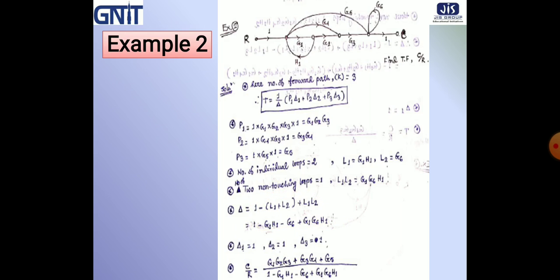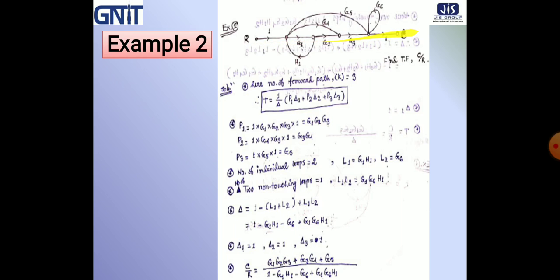Now what will be the value of delta k? Here k is equal to 3, so delta 1, delta 2 and delta 3 will be there. So before calculation of delta 1, we have to find whether any loop is present which is not connected with path 1.